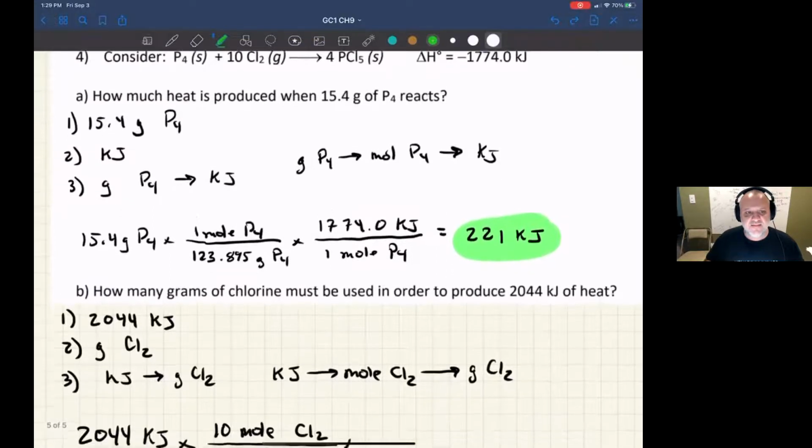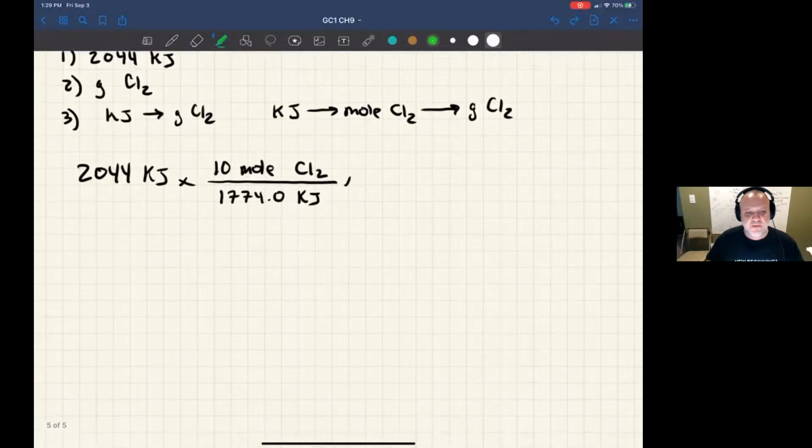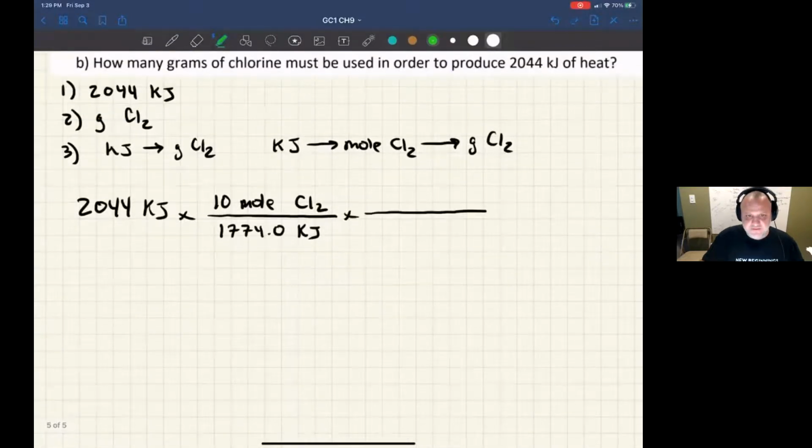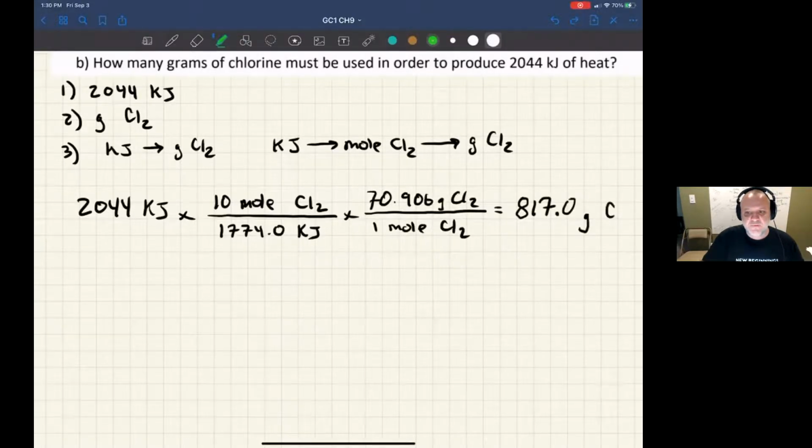So in this case, it's 10 moles of chlorine. So you've got 10 moles of chlorine times the molar mass of chlorine, and you get 817.0 grams of chlorine reacted in order to get 2044 kilojoules of energy.